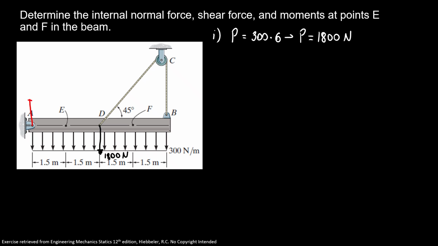Now we're going to find our external forces. At point A, we have AY and AX. At point B, we have a tension pointing up, and here we have the same tension, but now with components TX and TY.